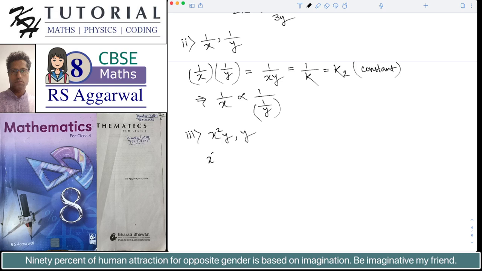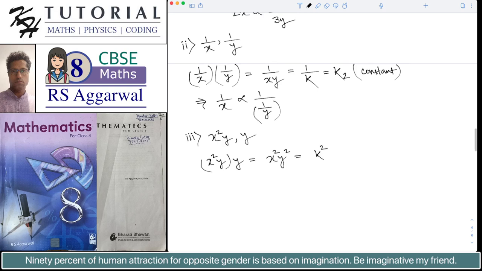So we see x square y multiplied by y is coming out to be x square y square, and this is equal to k square, since xy is k, where we have assumed k to be the constant of variation of the two quantities x and y, which are given to be two quantities that vary inversely with each other. So since k is a constant, obviously k square will also be a constant. You can consider this constant to be k3. So this is a constant.